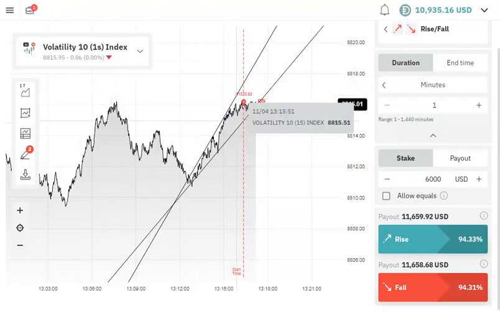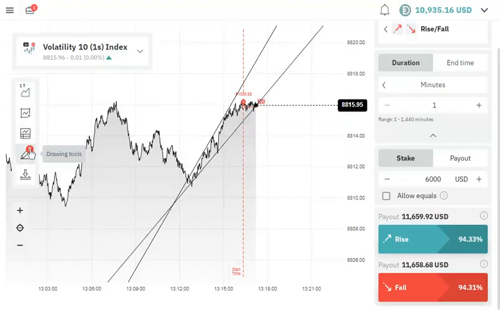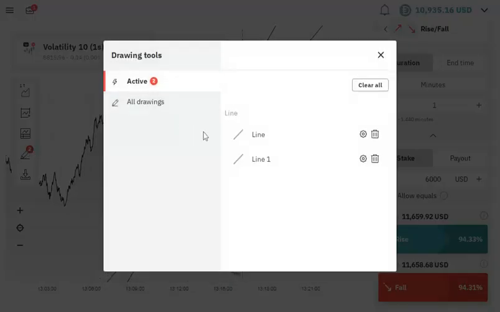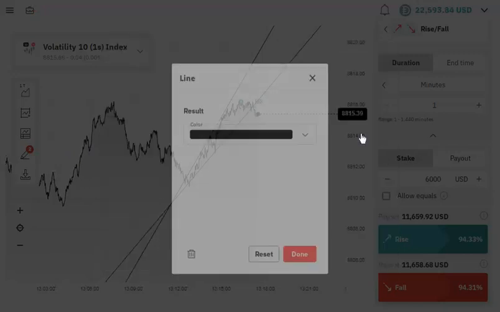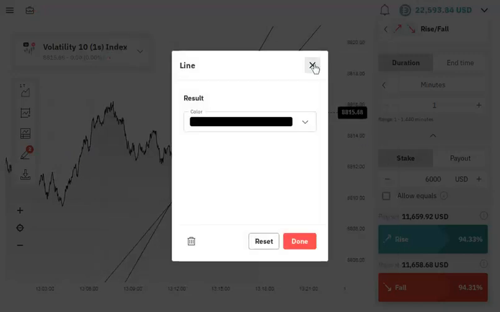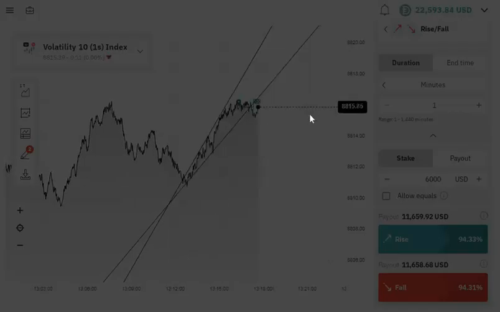But then I can see the market already entered my support again. So I'm going to come here and just set this trend line, so that I can have it done properly.